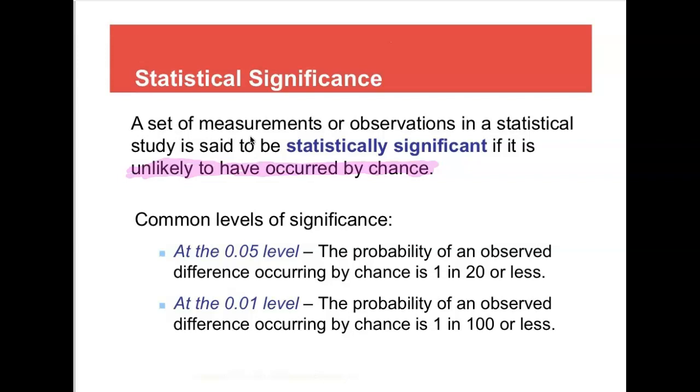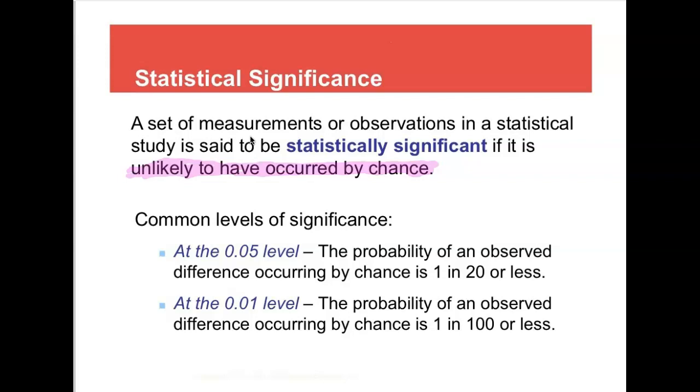The common levels of significance are what we call the 5% level, and that just means the probability of an observation occurring by random chance is 1 in 20 or less, or at the 1% level, which means the probability of an observation occurring by chance is 1 in 100 or less.